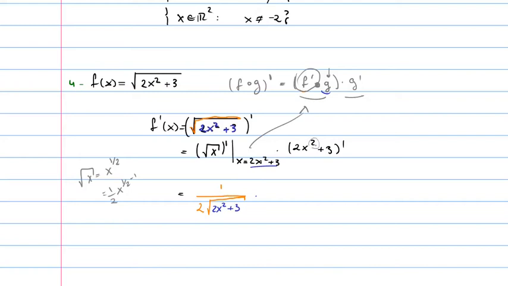The derivative of this is we have 2 as an exponent and 2 as a constant, so we get 2 times 2 x to the 2 minus 1. So then this gives us the function 2 times 2, x divided by 2 times the square root of 2x squared plus 3. And we can just simplify this, and we get 2x over the square root of 2x squared plus 3.